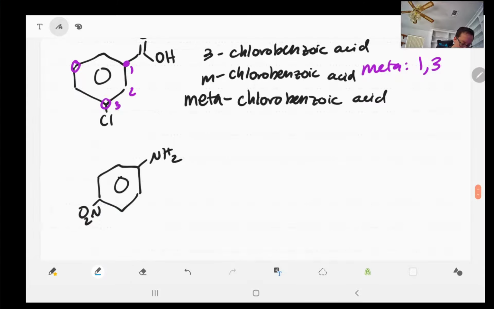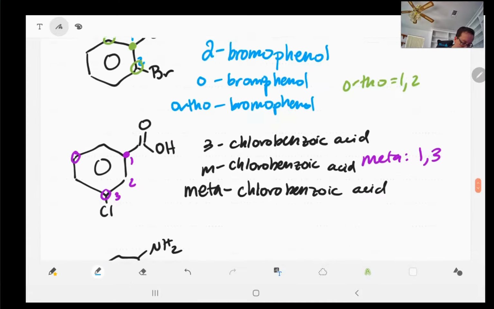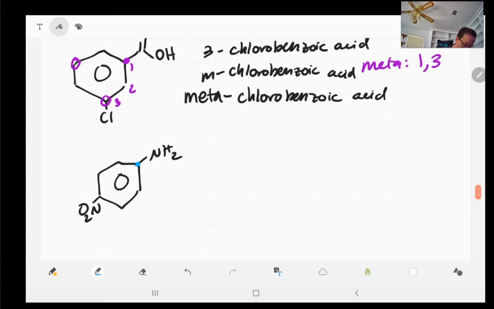We're going to see that this position is called para. And then there's a 1-4 relationship, so they're the opposite sides of the benzene. So 1, 2, 3, 4. The para position is the opposite side.